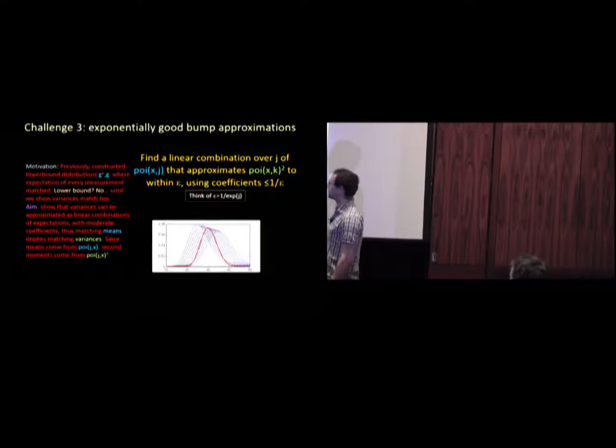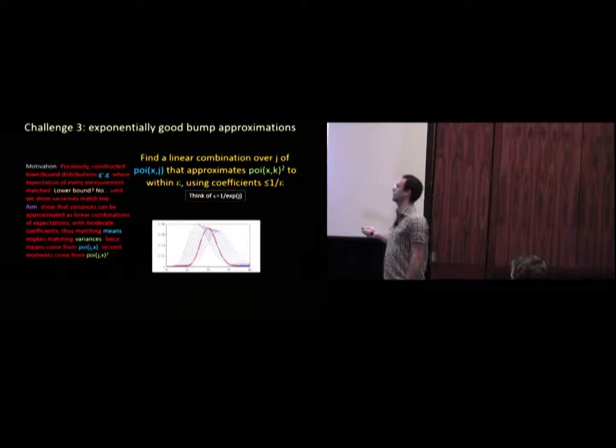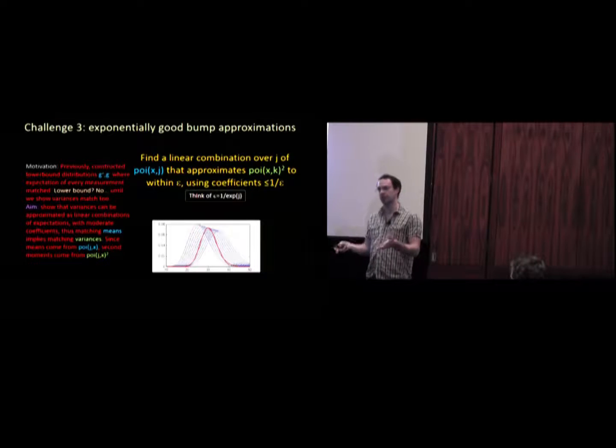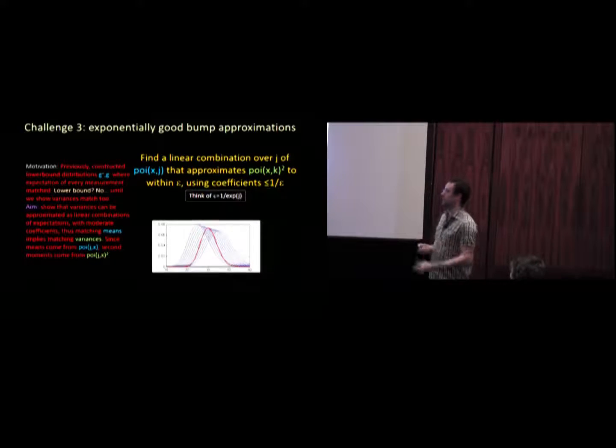Okay, so just very quickly, where this comes from. In the previous story I told you how we could make the expected observations match. But in order to really show that we have a lower bound, we also need to show that variances match. We put this into the central limit theorem because once you have variances and expectations, then something happens. So we forgot to analyze the variances.